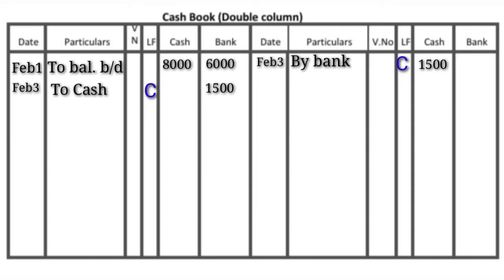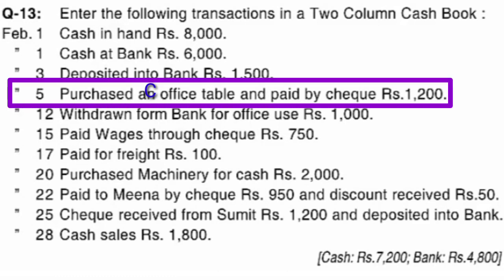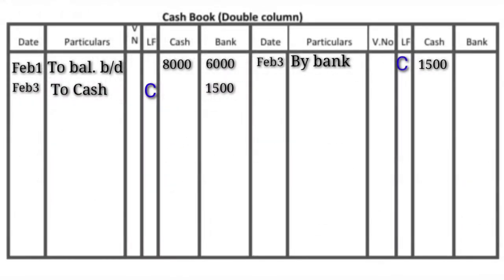Okay. Next transaction. On the 5th, purchased office table and paid by cheque rupees 1200. Here we are purchasing an office table, but not paying cash, we are paying by cheque. Cheque means we are paying from the bank.